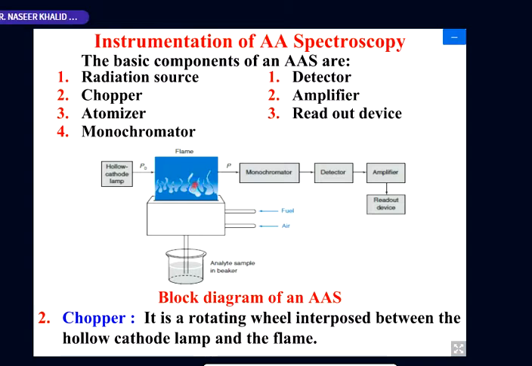But if we don't want an atomizer with a flame, we can supply electrical energy to the atoms. For that purpose, we will be changing this portion with the electrothermal atomizer. We will be replacing this flame with an electrical furnace.